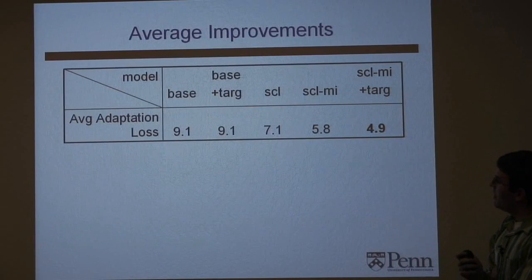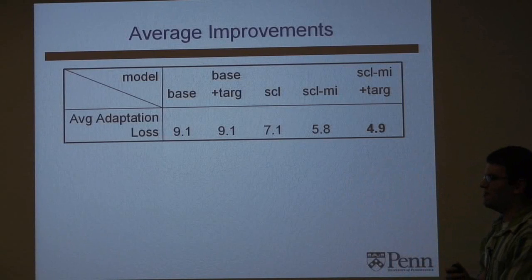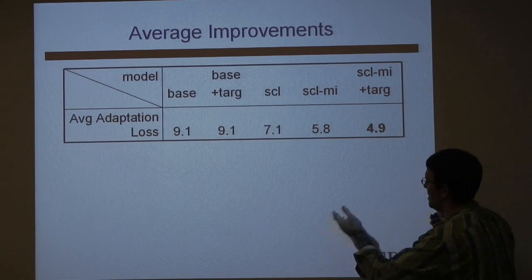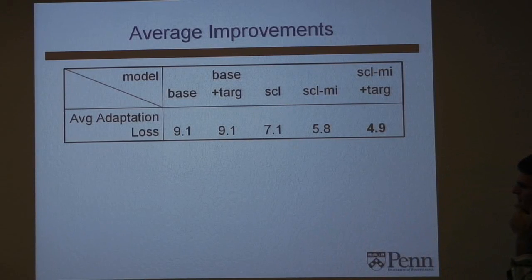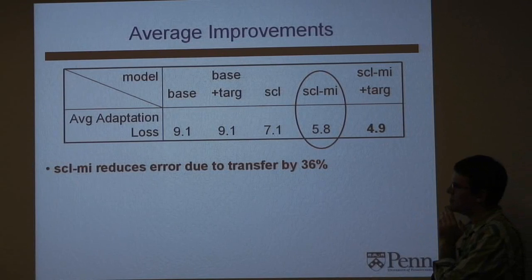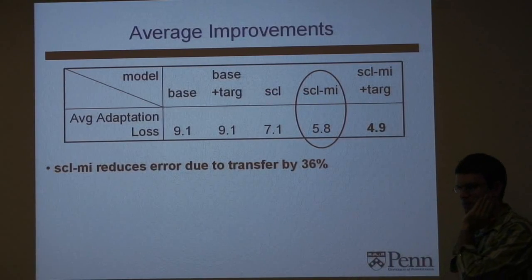Okay, so I showed you a bunch of results here, and I want to help distill them. So first, even without any unlabeled data, we reduce error due to transfer by 36%.